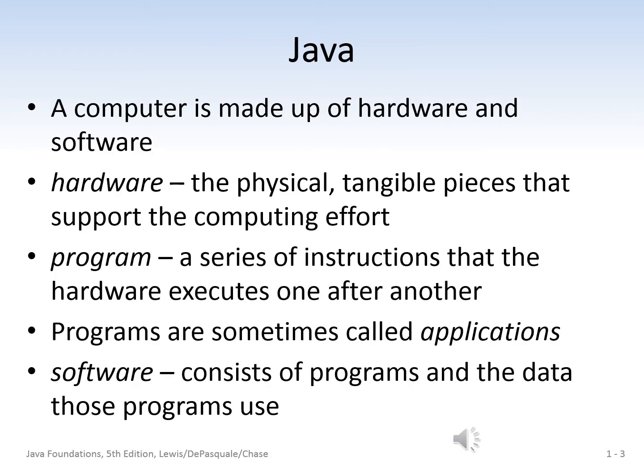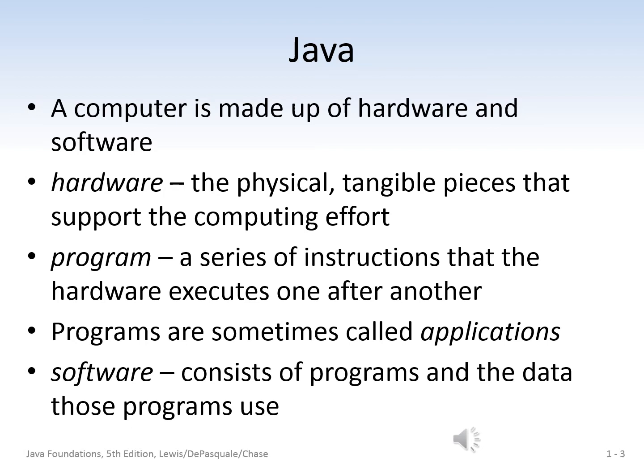This is a slide that I'm sure you've seen before in other introductory courses, or especially the course which is a prerequisite for this course, but we'll leave it in here. Obviously, hardware and software make up a computer, and hardware is the physical, tangible pieces that support the computing environment.